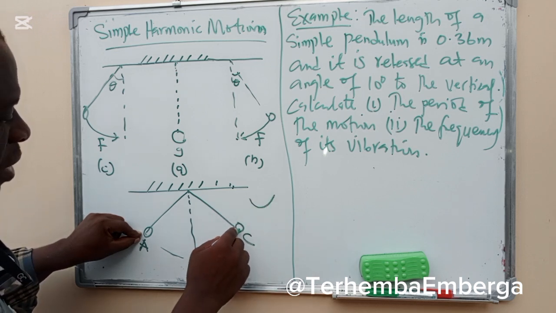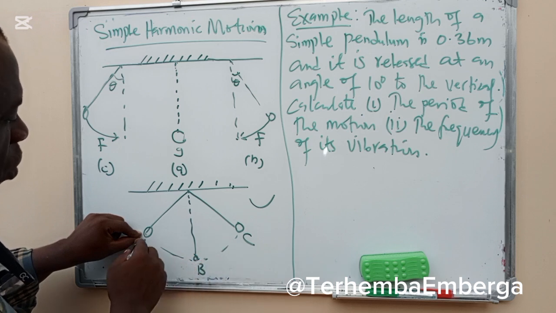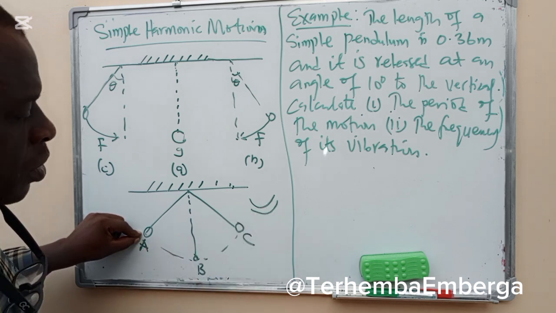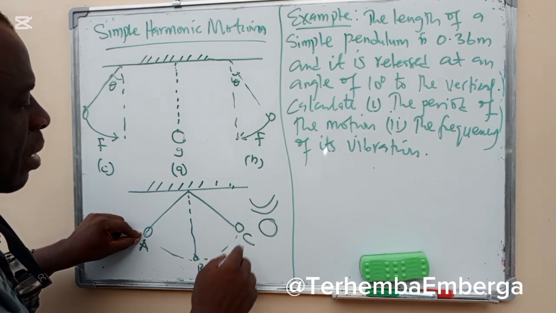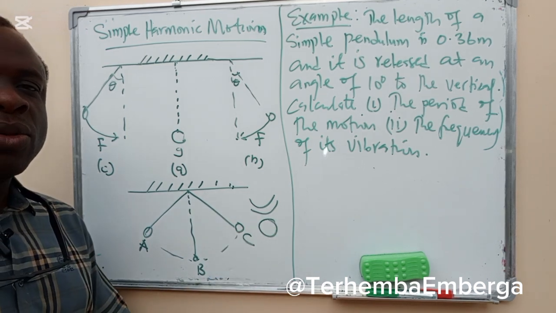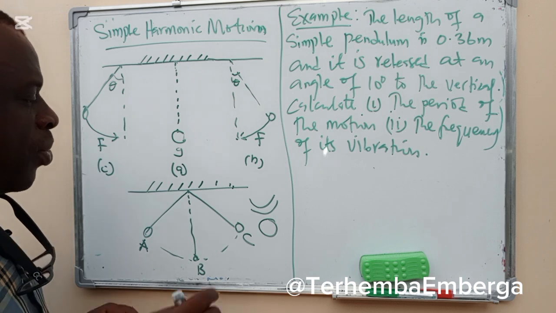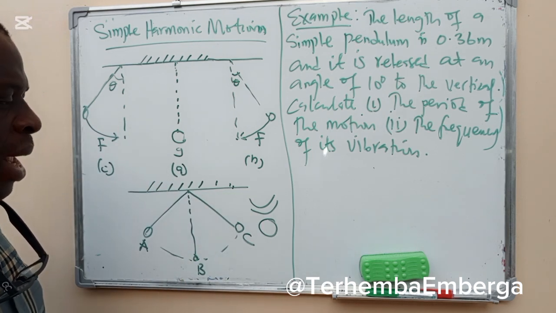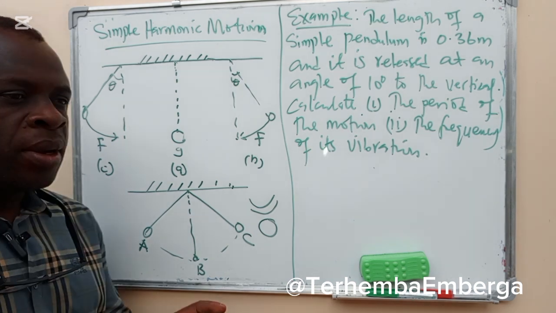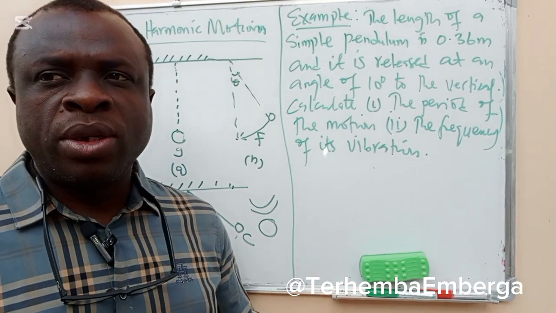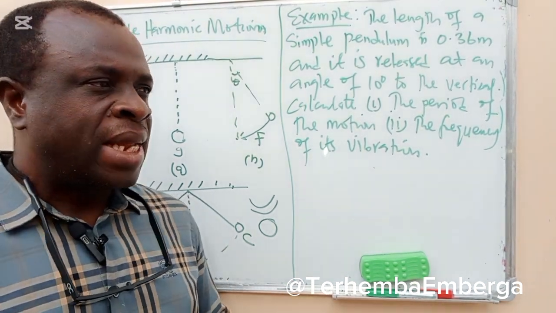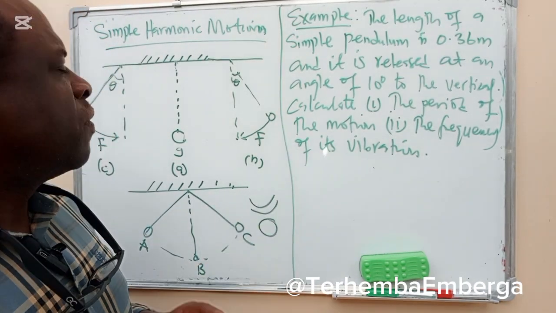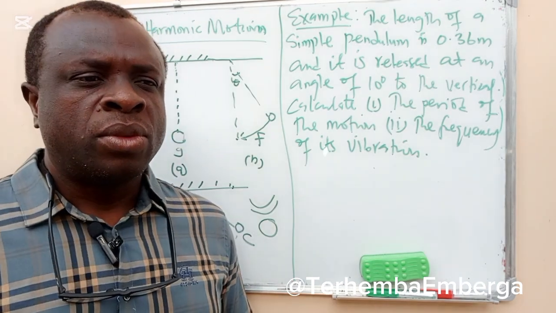By the time it comes back from C through B to A, it has performed another half circle. So we're talking about a complete circle. So when we're talking about one complete oscillation, we're referring to one circle. And there are some terms or concepts that we need to understand before we can fully understand the concept of simple harmonic motion.